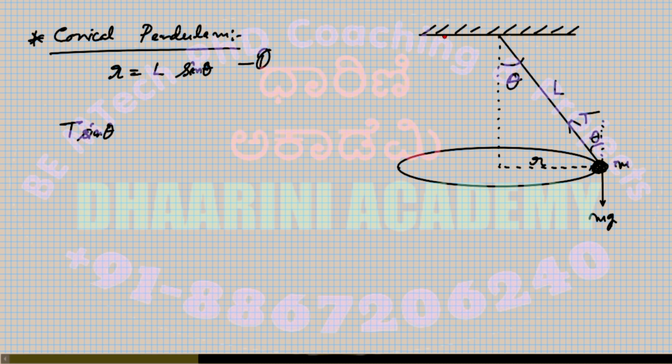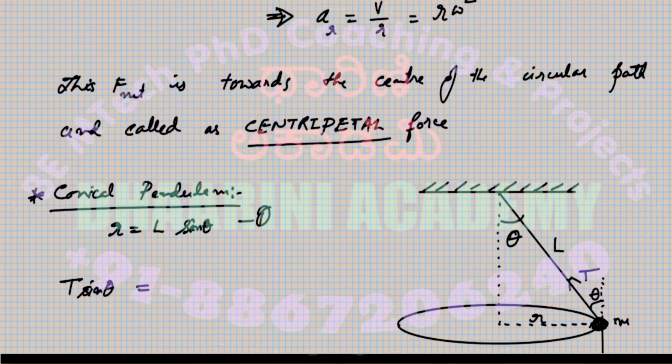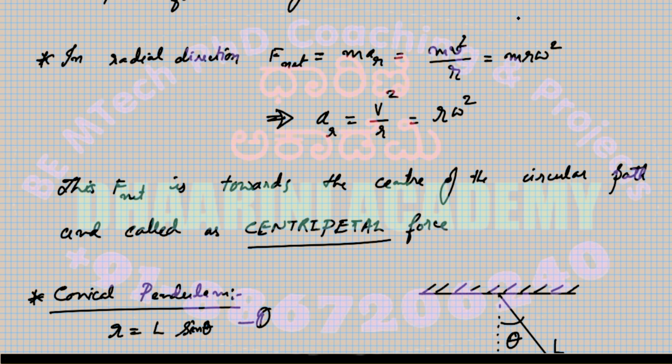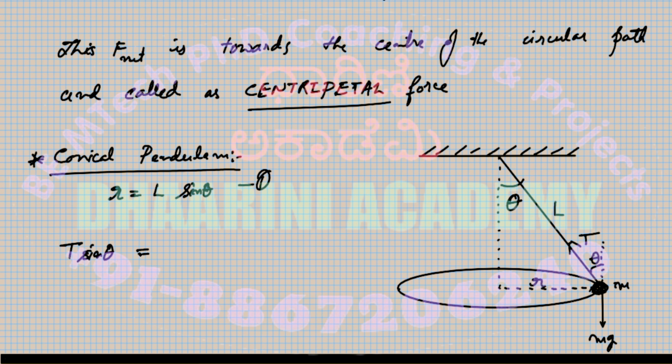It has to be opposite, right? So how do we make that happen? This is equal to the net force equation we just wrote. You can use either mv square by r or m r omega square, but I prefer writing in terms of the linear velocity, so I'll go ahead with m into v square divided by r.